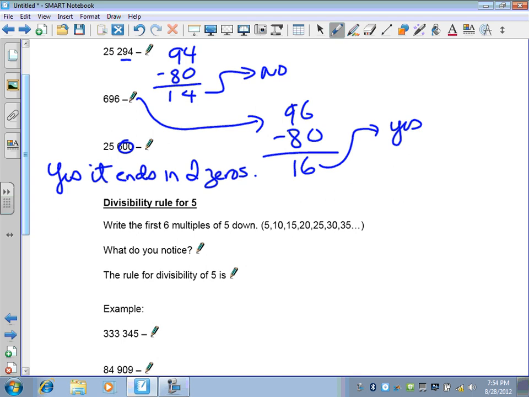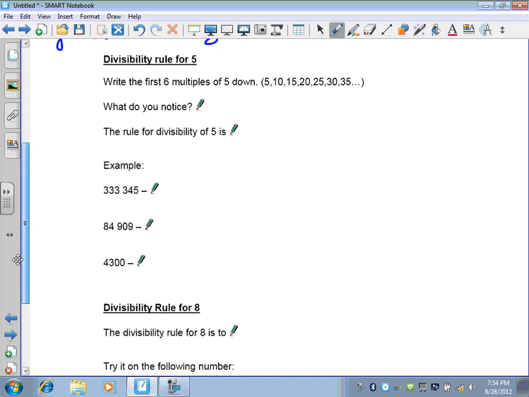Now, the divisibility rule for 5 is actually one of the easier ones. If you take a look at the numbers that are in the 5 times tables, or if you skip count by 5s, you're going to go 5, 10, 15, 20, 25, 30, 35, and so on. Now, what do you notice about these last digits?